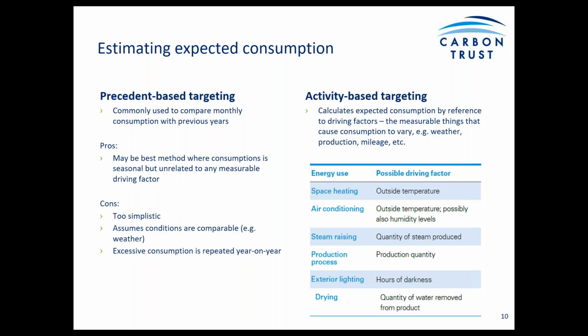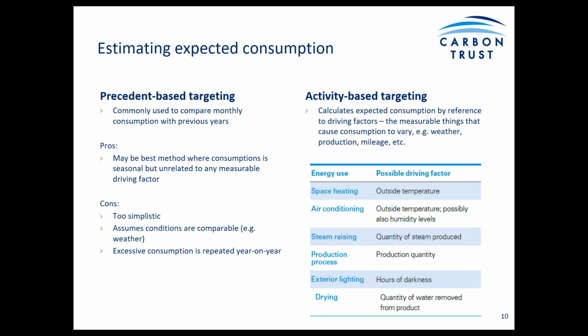So similar to estimated billing, a commonly used method of predicting energy use is what we call precedent-based targeting, where expected monthly consumption is based on data from previous years. This may be the best method where consumption is seasonal, but unrelated to any measurable driving factors.